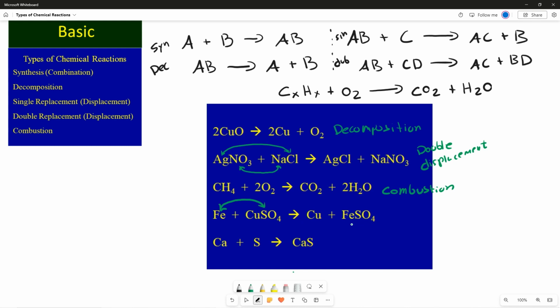So this is a single displacement. And then the very last one, we have calcium plus sulfur, and then they're combining together to form CaS. Well, this looks like the first one up here, a synthesis, where you have two simple molecules combining together to form a larger molecule. So this would be a synthesis or a combination reaction.